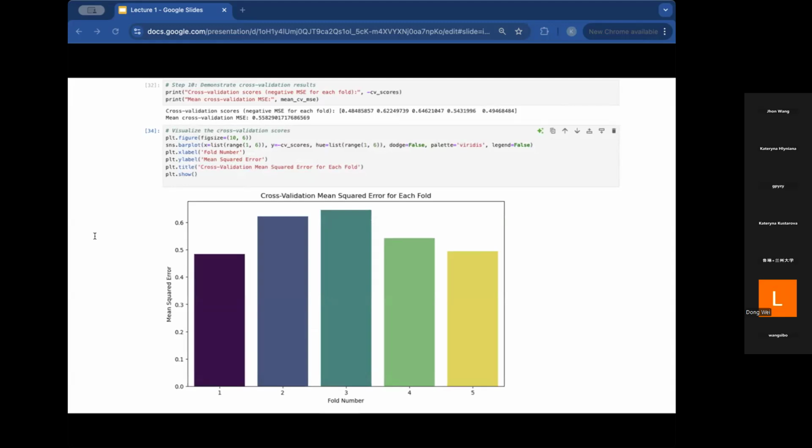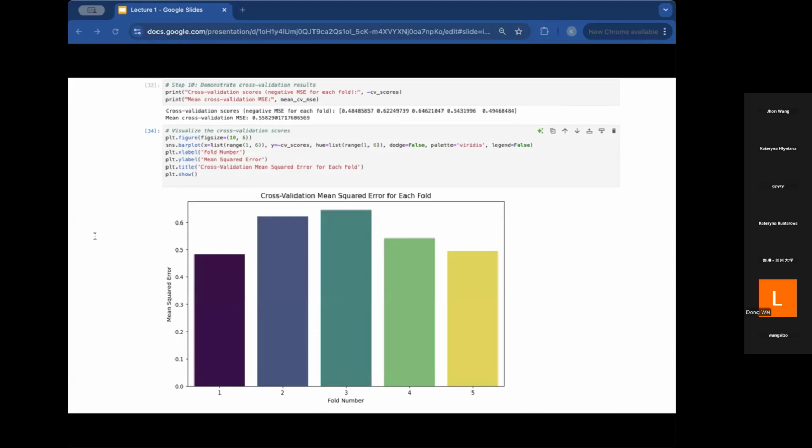We also performed k-fold cross-validation using 5 folds, which means the dataset was split into 5 parts. And the model was trained and tested 5 times, each time using a different fold as the test set and the remaining folds as the training set.